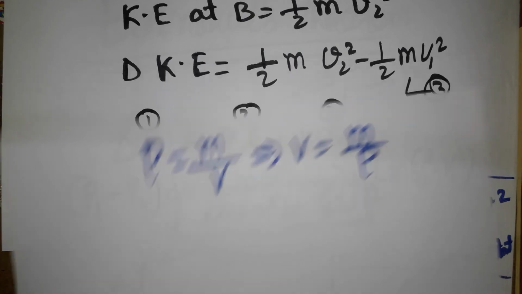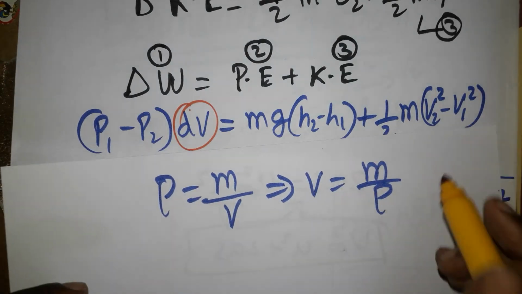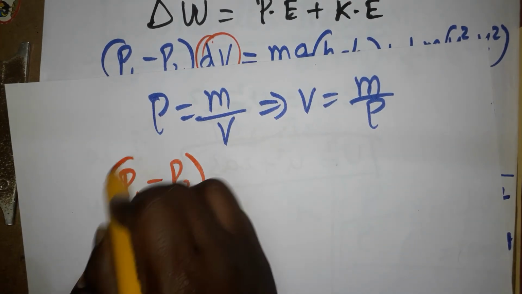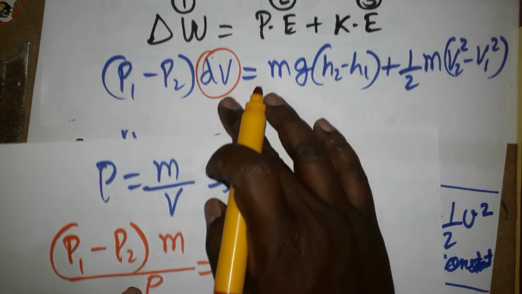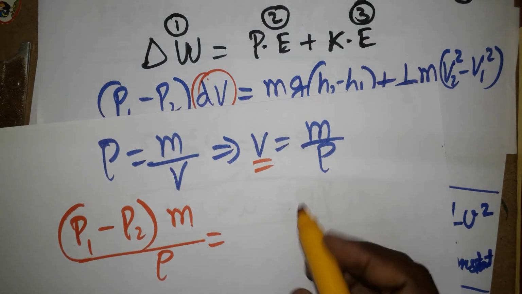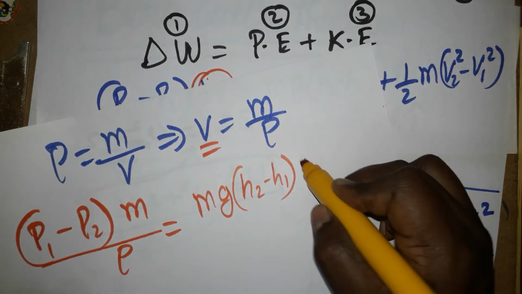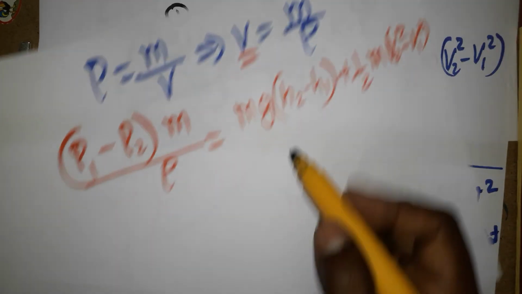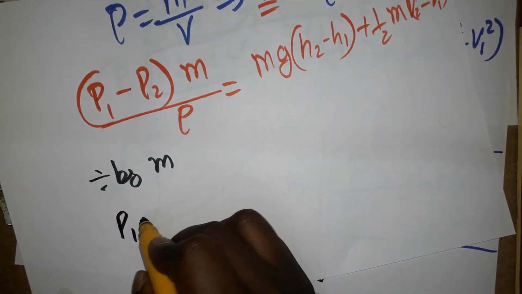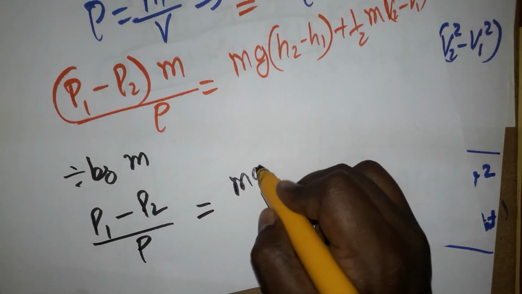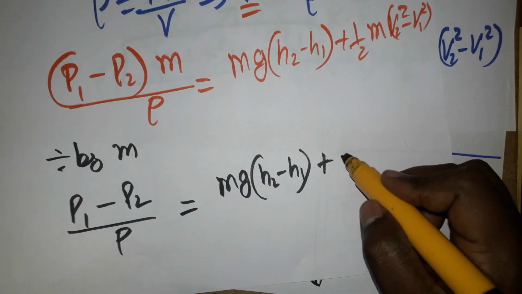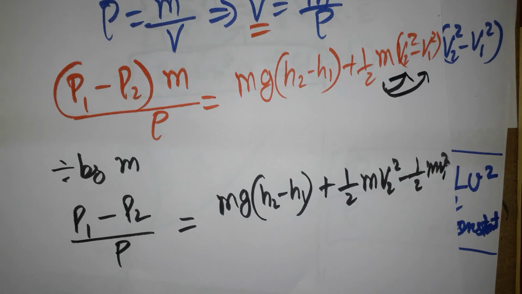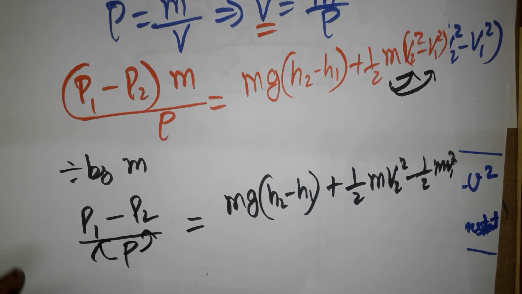Substituting in the above equation, (P1 minus P2) times mass divided by density is equal to m g (h2 minus h1) plus half m (v2 square minus v1 square). dV represents a small volume, so no need to represent it. Dividing the whole equation by the mass m, P1 minus P2 divided by rho is equal to g (h2 minus h1) plus half (v2 square minus v1 square). The density is there for both terms.